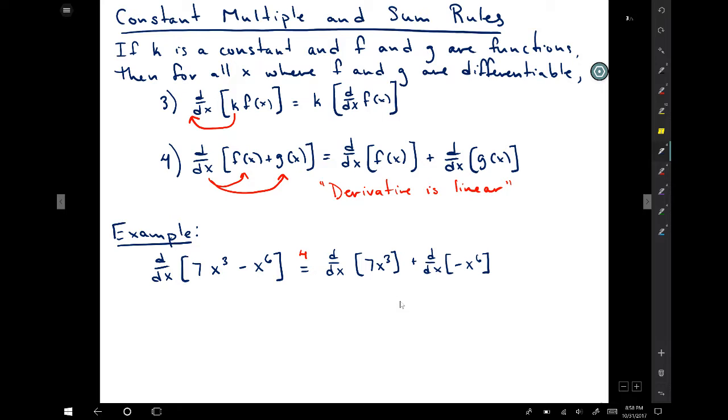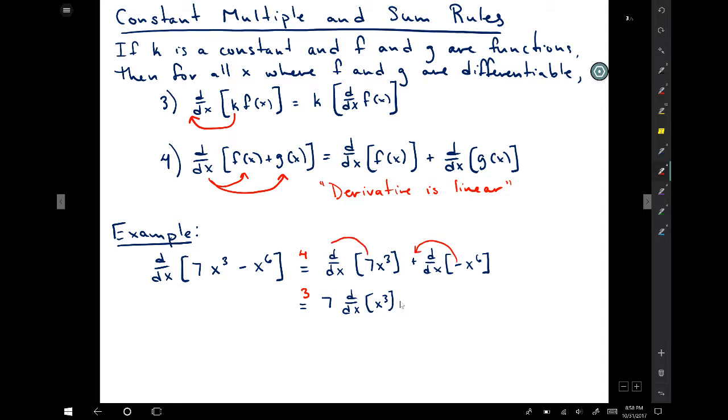So here I'm remembering that subtraction is the same as adding minus 1 times something. So now, once I've split up the addition, I can use rule 3 to pull the constants out. So I have 7 times the derivative of x cubed, and then this negative sign comes out.